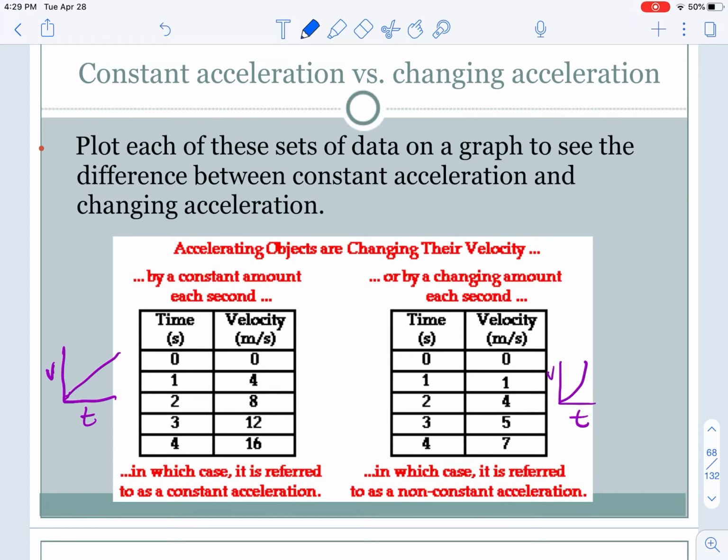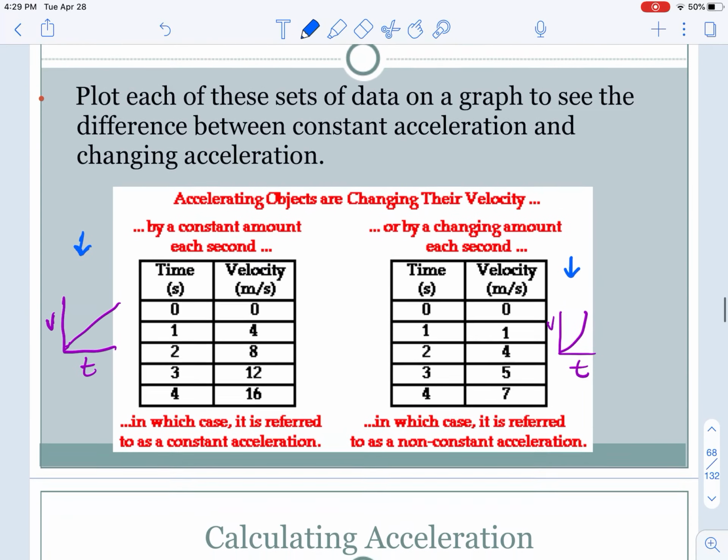In the next question, they're just saying, what would it look like if you were accelerating constantly? And that would be this question here. It would end up being a straight line if you have constant acceleration. Whereas if you are speeding up, it would look like this.